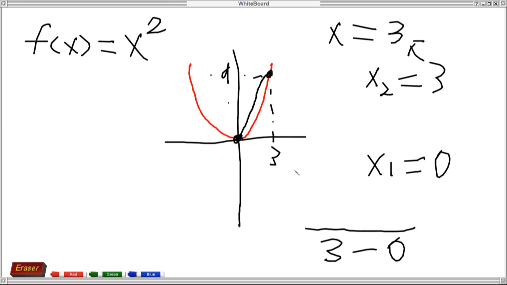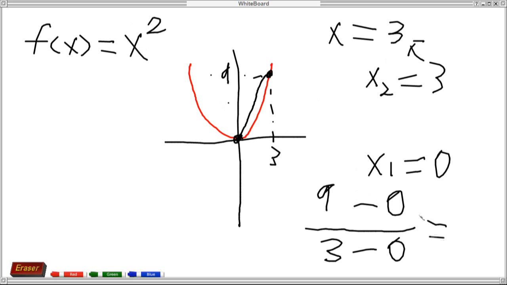We still need to find f of x2 and f of x1. For f of x2 we plug in x2: 3 squared we already know is 9, minus f of x1, we plug in 0, and 0 squared is 0.